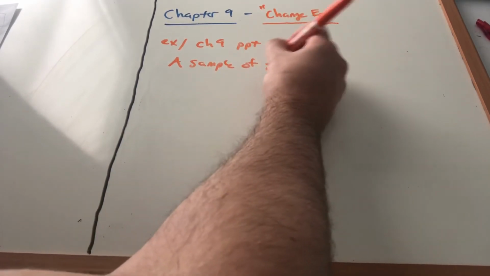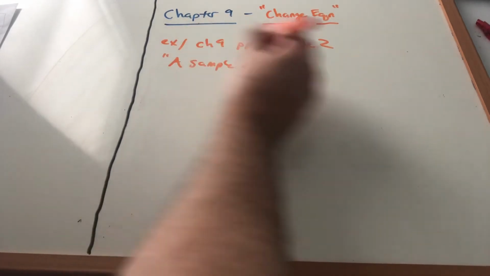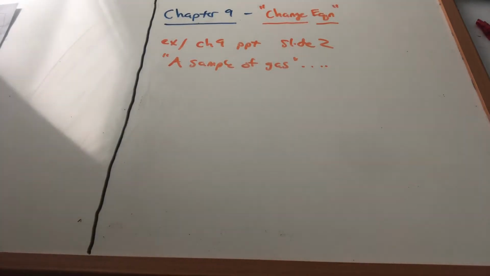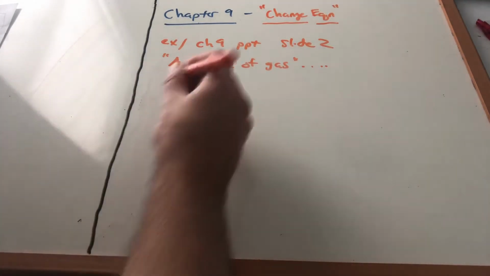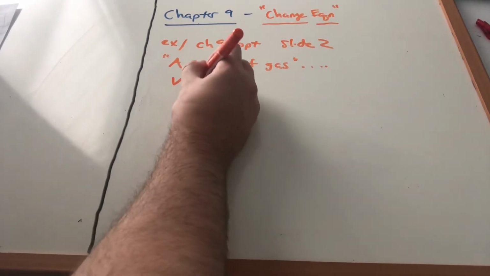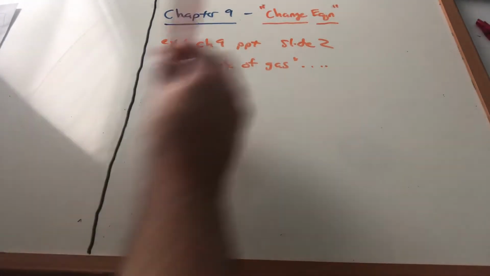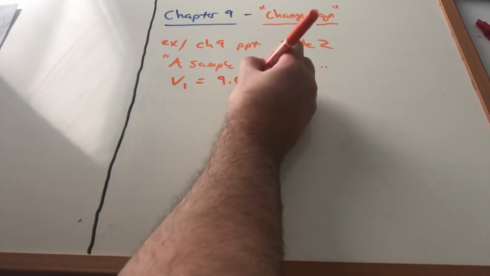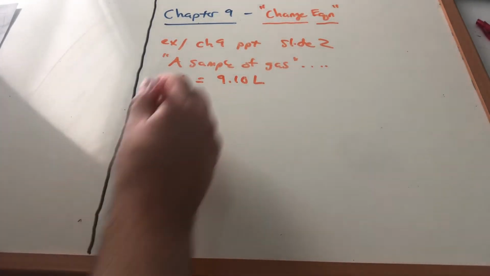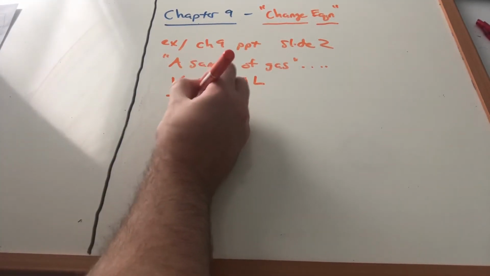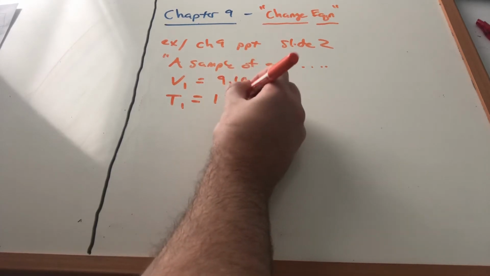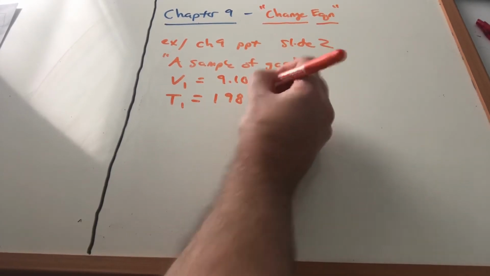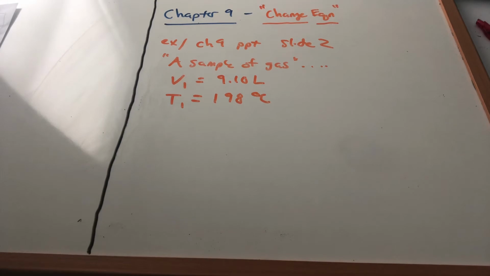And this actually is important to us eventually, okay? And the sample of gas is undergoing a change, and essentially what you have is an initial volume that I'm going to label V1, which is 9.10 liters, and associated with that volume is a T that's equal to 198 degrees Celsius. Okay.